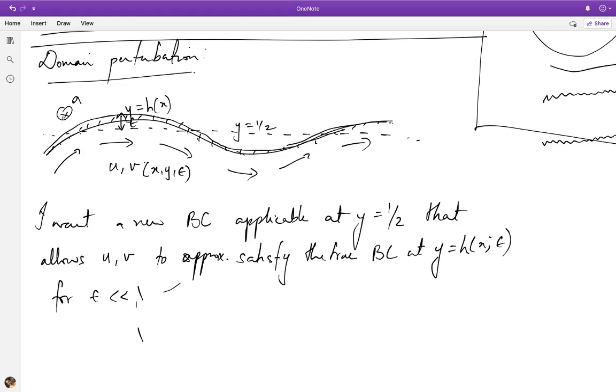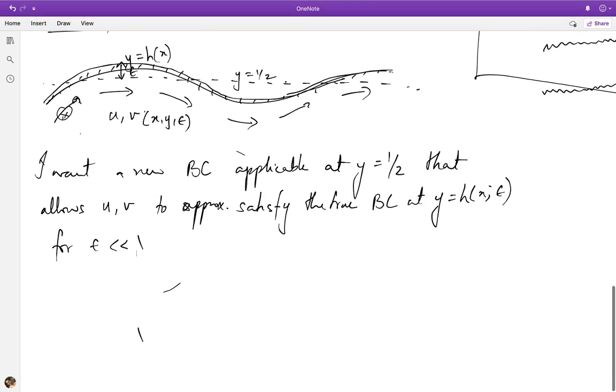That will automatically give me an approximate boundary condition where all the terms are evaluated at y equal to half. And the number of Taylor series terms I will need to make this boundary condition approximately valid is really going to depend on the value of epsilon. So if epsilon is small, I will need just a few terms. Okay, so with that idea in mind, let's now write down the equations and things will immediately become clear.